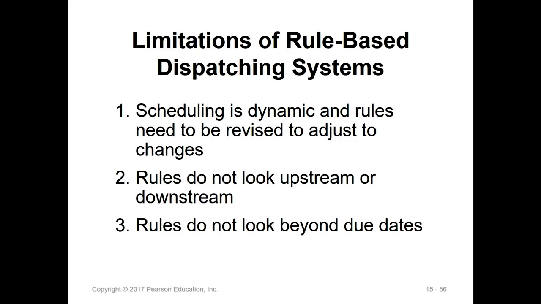And the rules do not look at upstream or downstream, and do not look beyond the date. So if there's a dynamic situation, you need to look at the computer as your reference and also consider some flexibility of your own in making decisions. But the rules at least give you a very good reference point.